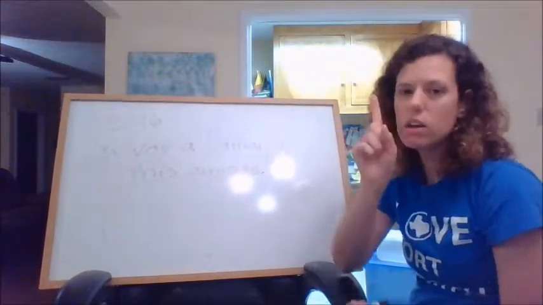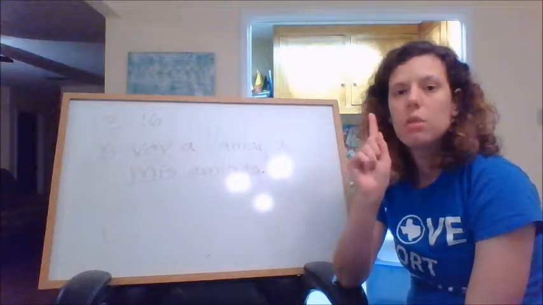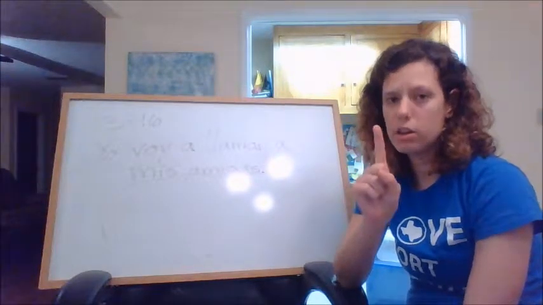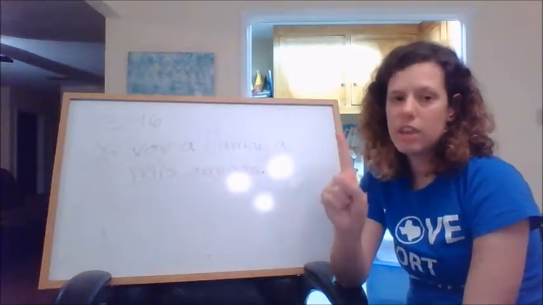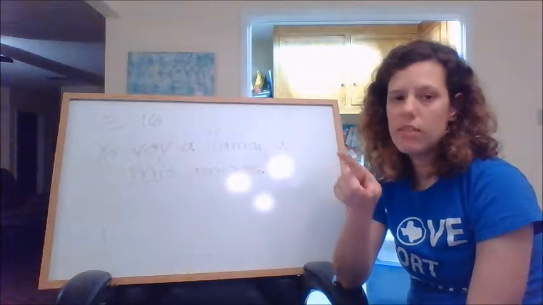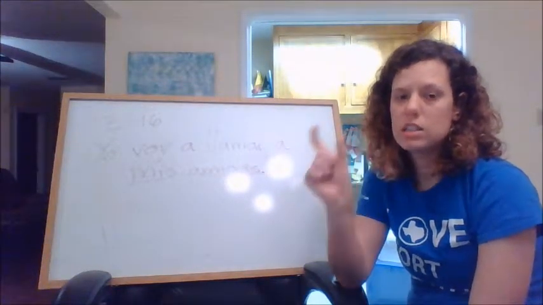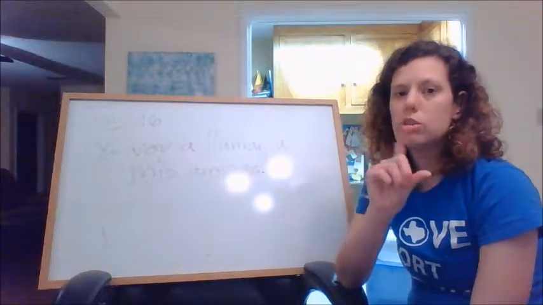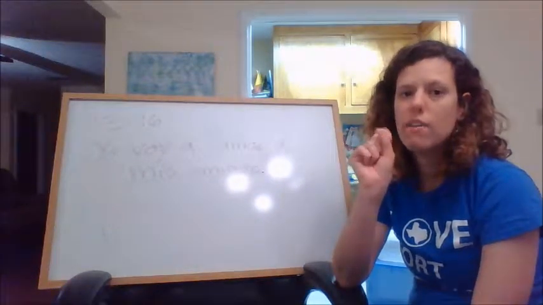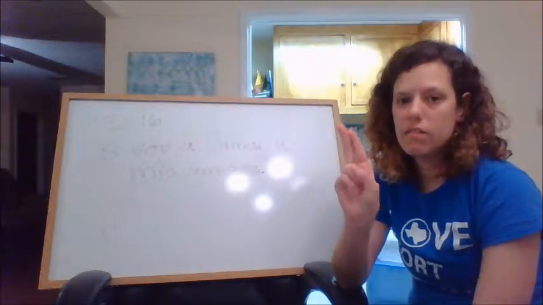Remember that if you have one conjugated verb, you have to put the pronoun in front of the verb. So one conjugated verb automatically goes before the verb. If you have an infinitive or a present progressive, so an infinitive is a verb that ends in AR, ER, or IR, and the present progressive is estar plus the present participle, which ends in ando or endo, you have 2 options because you have a conjugated verb and a present participle, or a conjugated verb and an infinitive.